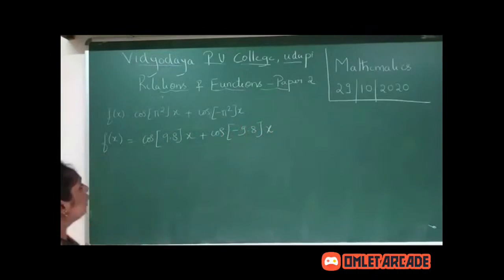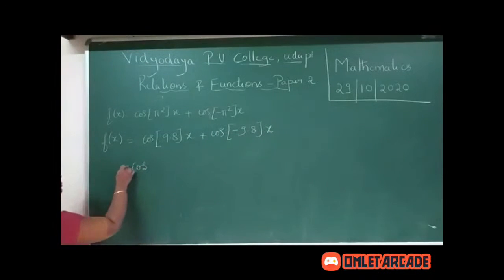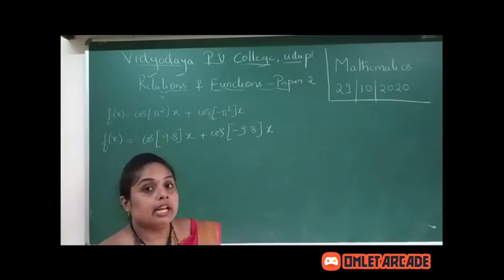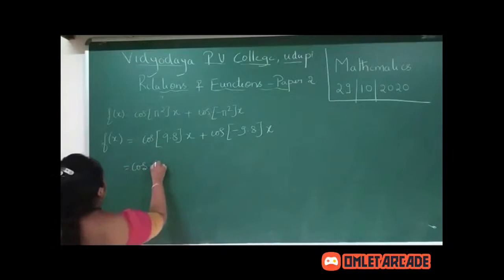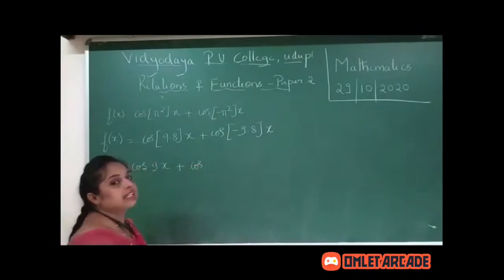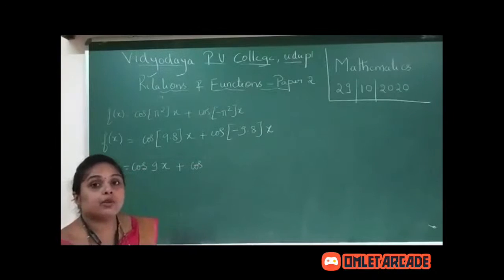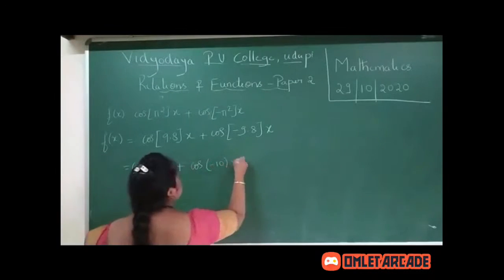Look here. The greatest integer of 9.8 assumes the previous value, so it will be 9x. Plus cos, what is the greatest integer of minus 9.8? It assumes the previous value, which is minus 10, so this will be minus 10 x.